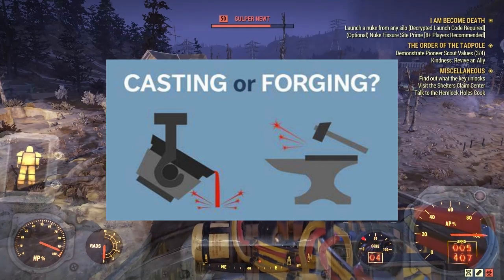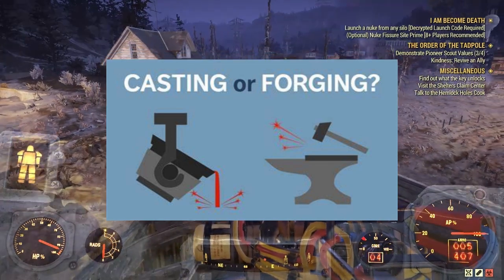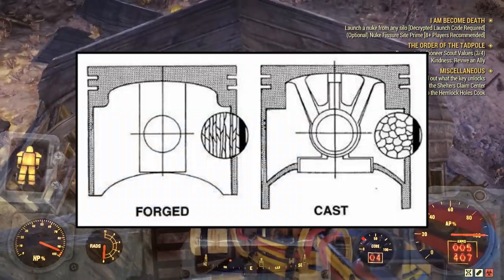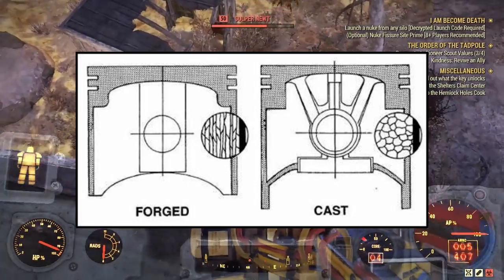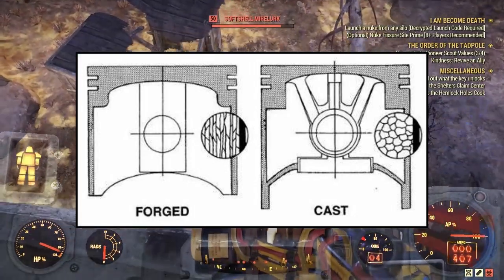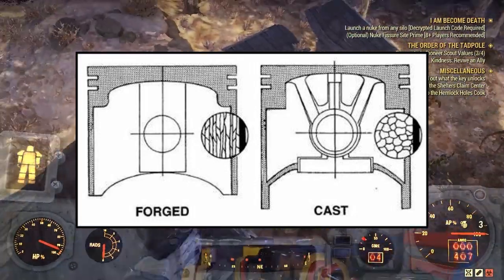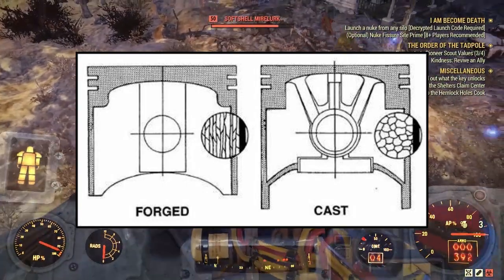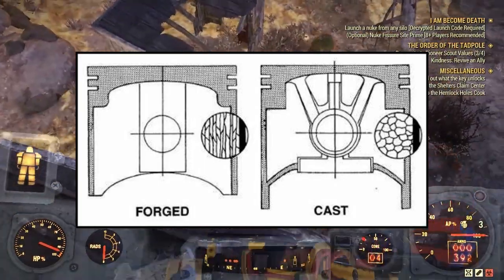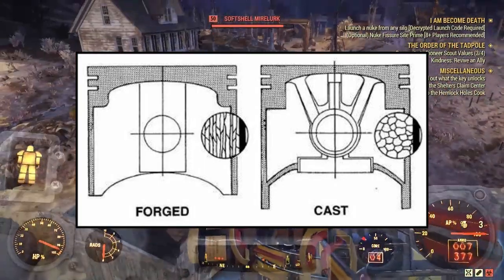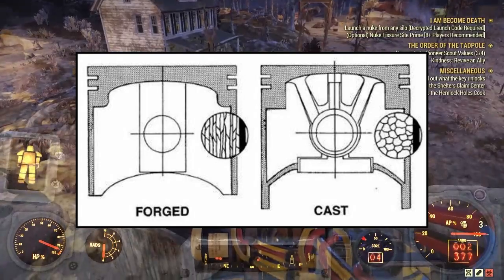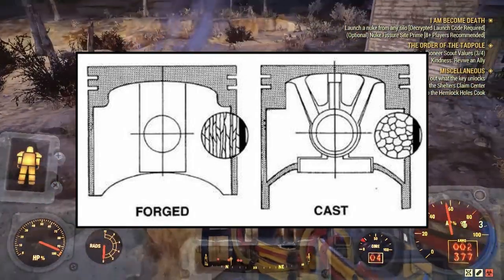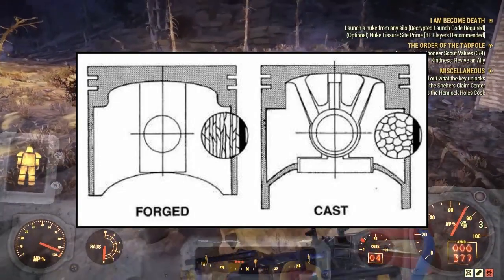It's, as they say, casted, and then for forged parts, what they do is they squish the casting again to compress the metal and really make sure that the material they've used for that part, and this also goes for steel, is solid.